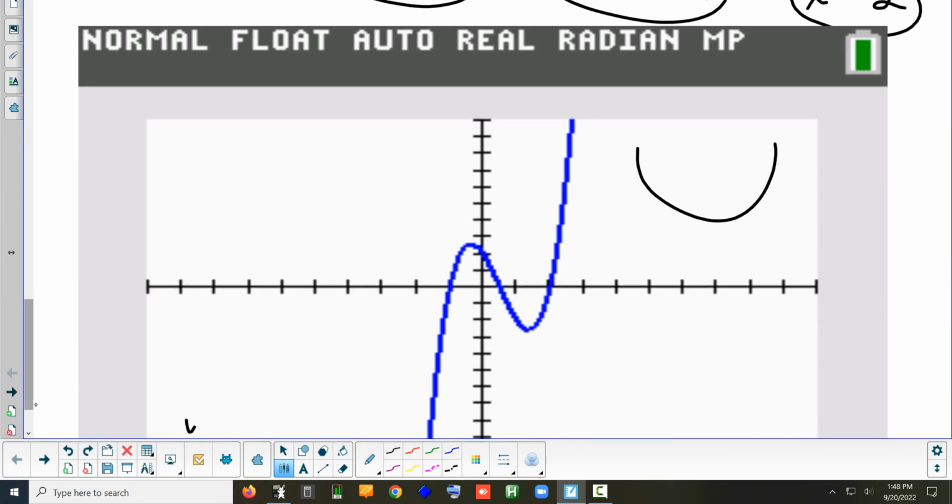Could turn. Doesn't have to turn. But a formula that has a highest exponent of 3 can turn twice. Just like a formula where the highest exponent is 2, that's a parabola, can turn once. So that highest exponent tells us a lot about what we should be looking for when we draw it.